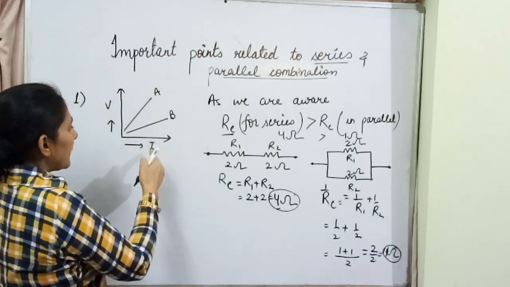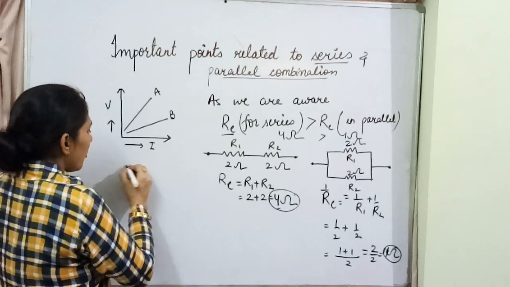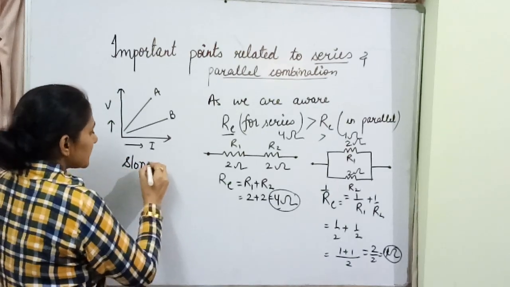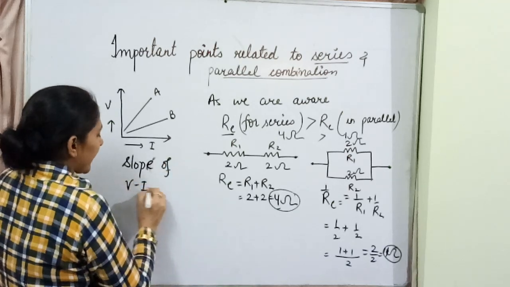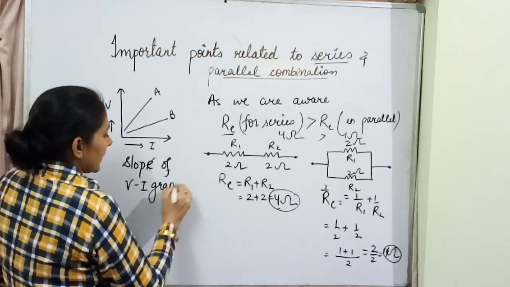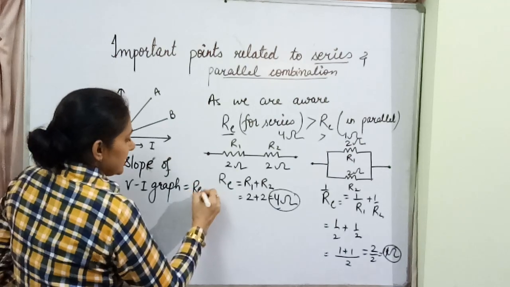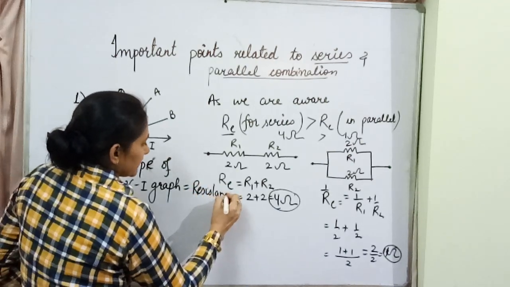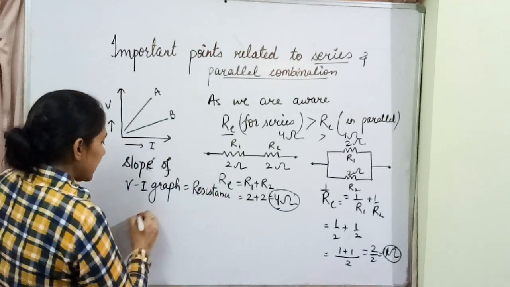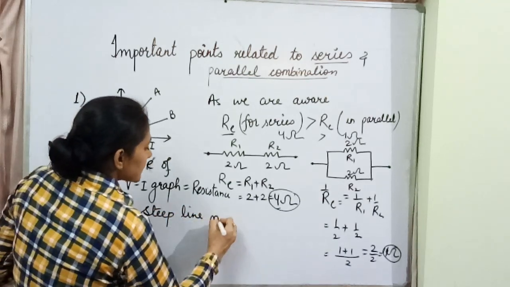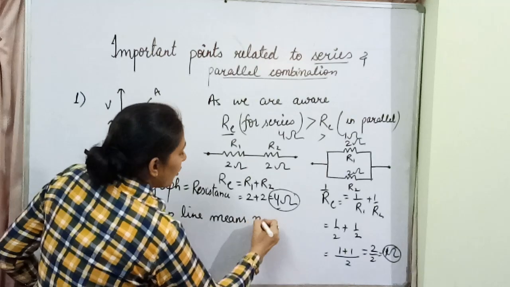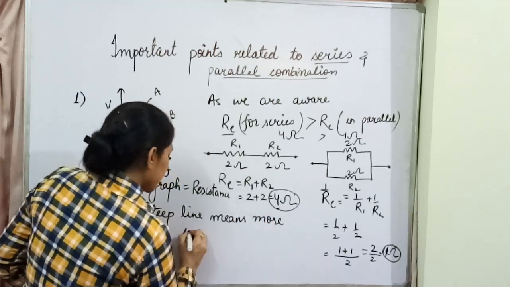As you people are aware, the slope of this VI graph represents resistance. A steep line means more resistance.